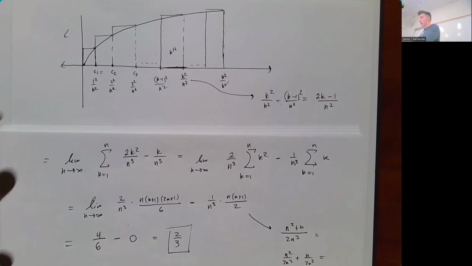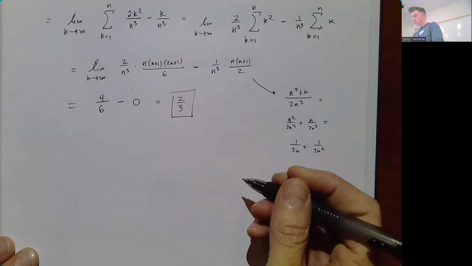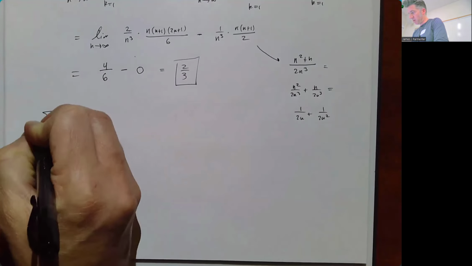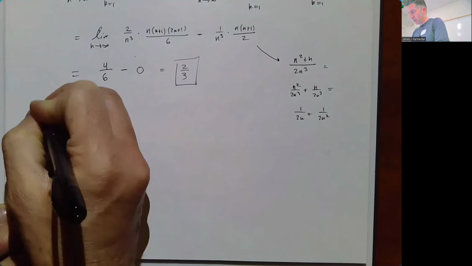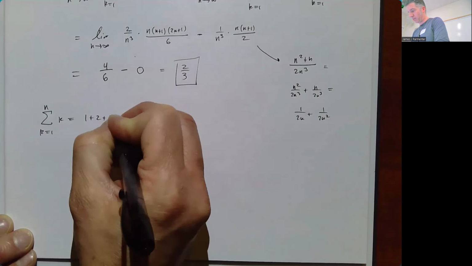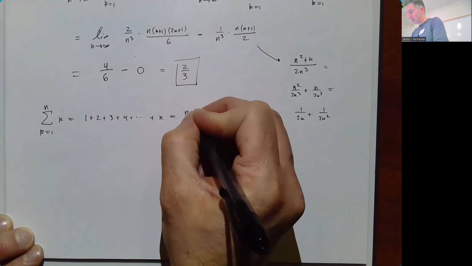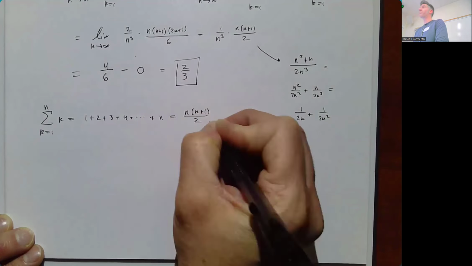Sure. So these are formulas that I imagine you were expected to memorize. I'm using the formula that the sum from k equals 1 to n of k, which is just 1 plus 2 plus 3 plus 4 plus all the way to n, is n times n plus 1 over 2.